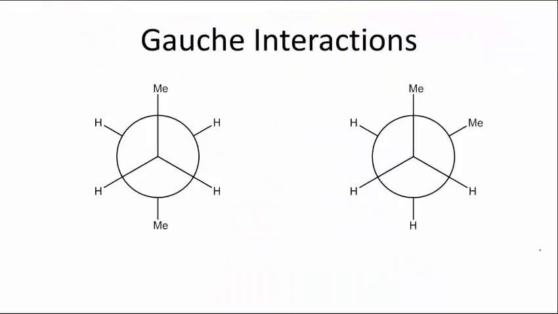So not only do we have staggered versus eclipsed, but among staggered conformations, we can have situations where two groups are only 60 degrees apart. And someone French named this. How many people know the word gauche?